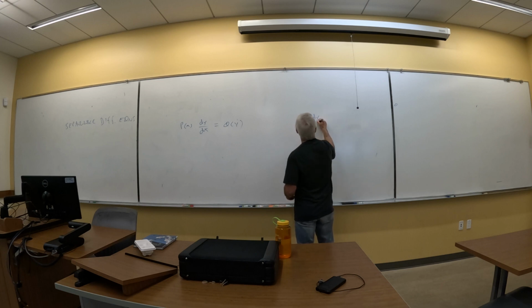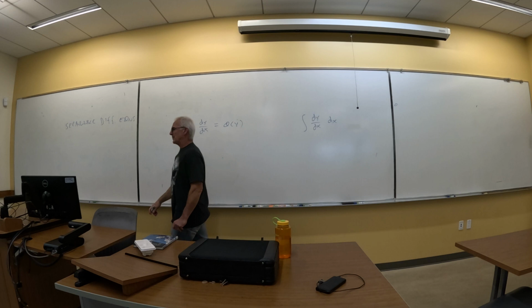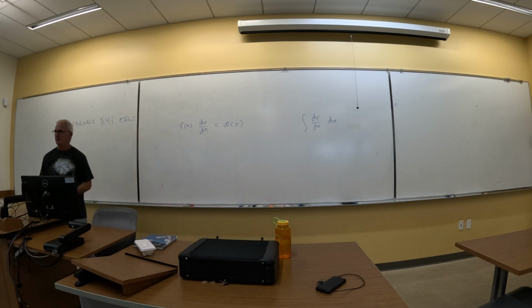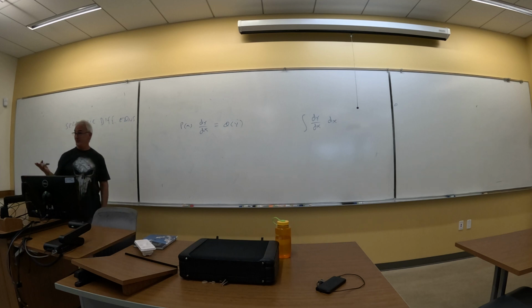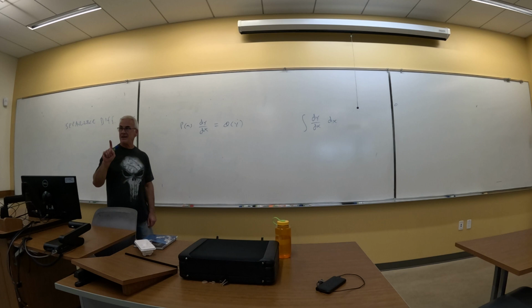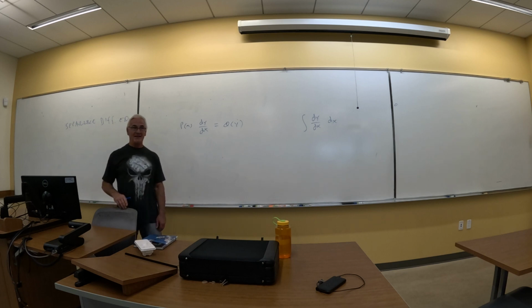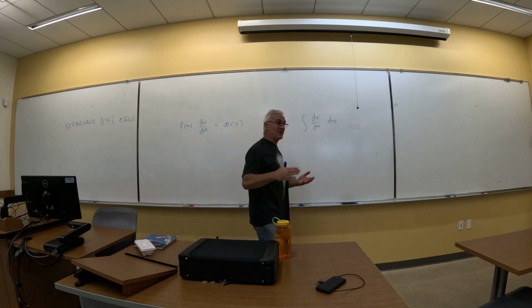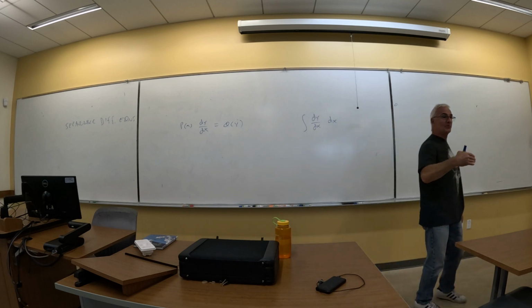But what does that mean when I do this? This is always a point of confusion for people. Do I cancel the x's? If you're a physicist, yes. Well, if dy/dx was a quotient, then I could, but dy/dx is one thing. It's a function. dy/dx is not a quotient. It's a function, and I'm integrating with respect to x.